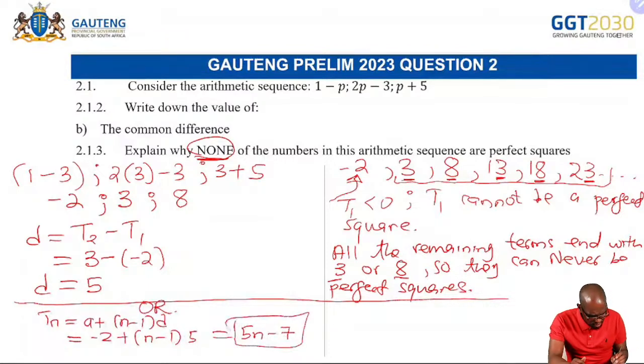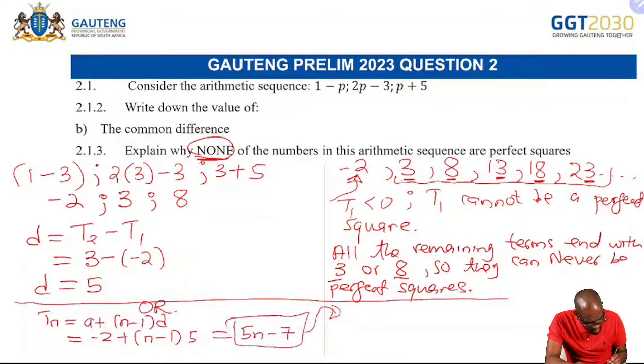Now, from this nth term, you can see that whatever n value you use there, when you subtract 7 from 5n, you can never get a perfect square.